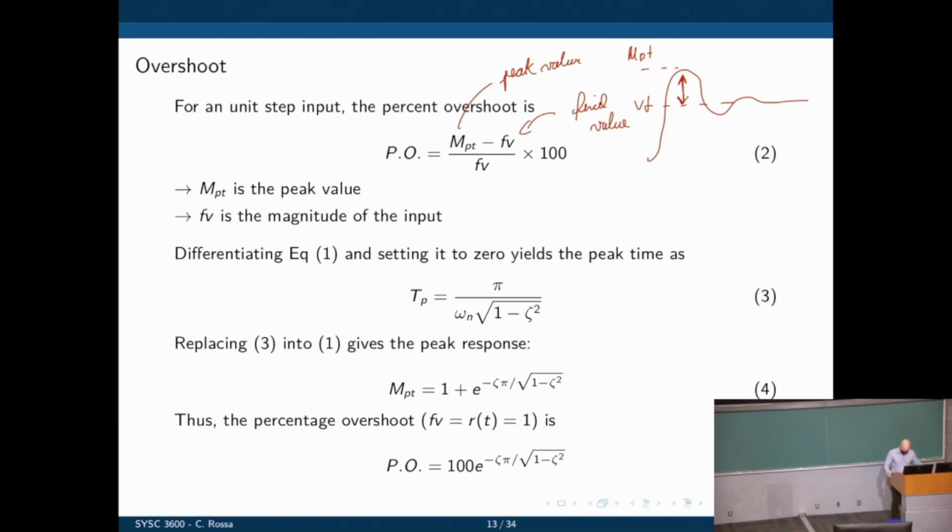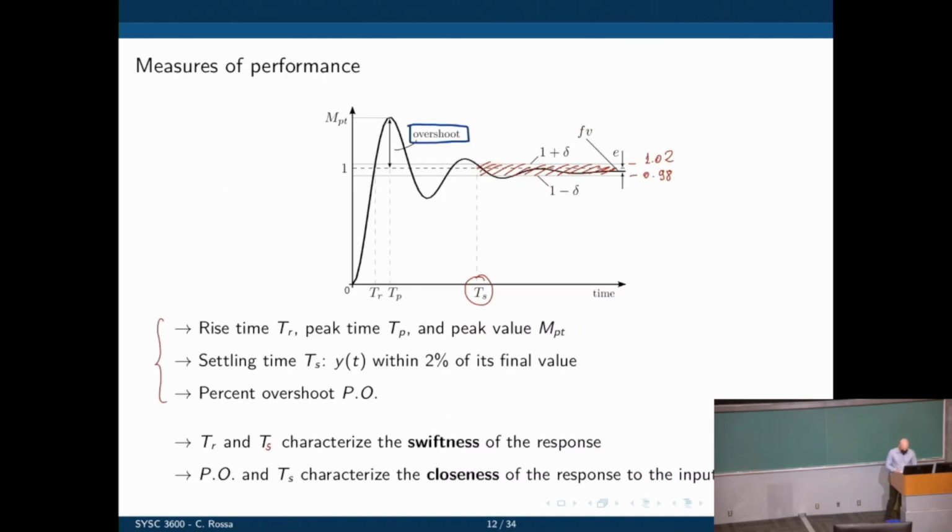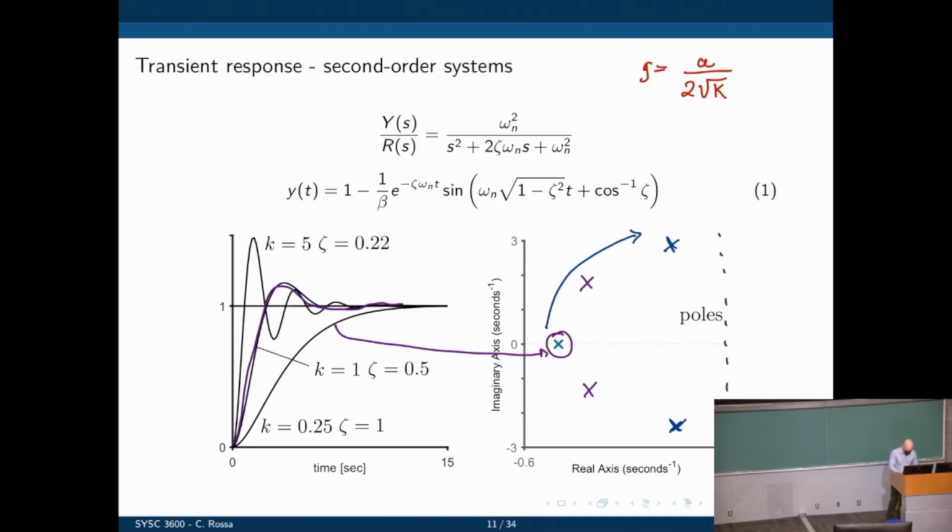How do we find that value? To find that value, we need to know the peak of the function, the maximum of the function. We need to know when the maximum value of the function occurs, to then calculate that maximum value and use it in the formula here. If you go back, we are dealing with an underdamped system, so we can take this equation here.